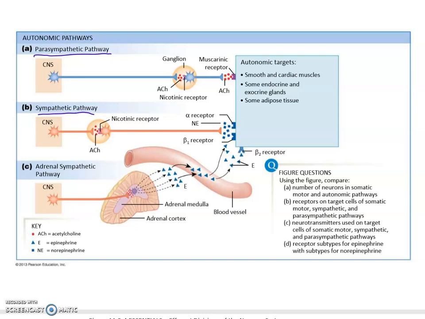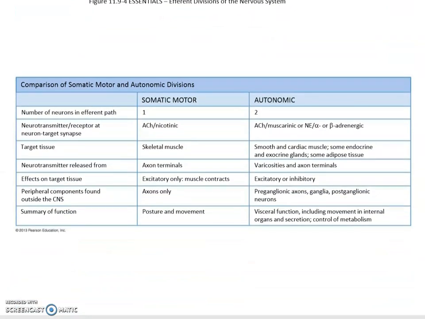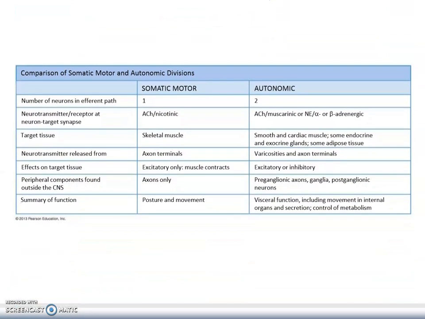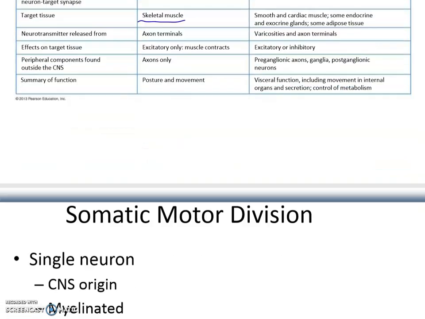And here the different types of neurotransmitters and their receptors are listed. And then on the somatic side, the target tissue is now skeletal muscle, as opposed to the autonomic effectors, which are smooth muscle, cardiac muscle, and the glands. And again, you can study this table. I don't need to say much more about this.